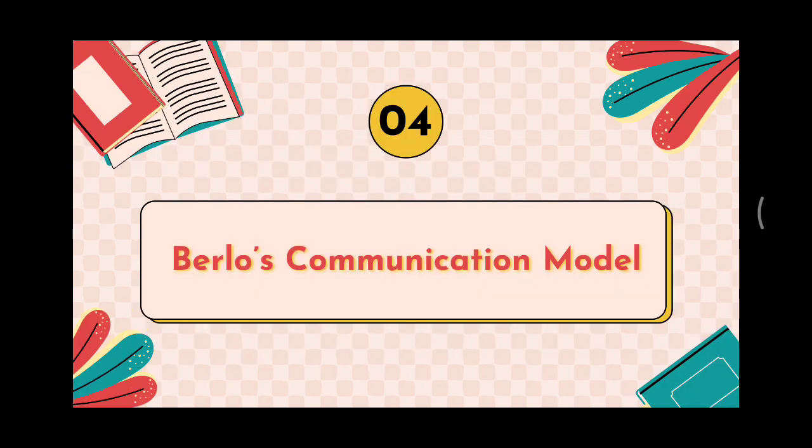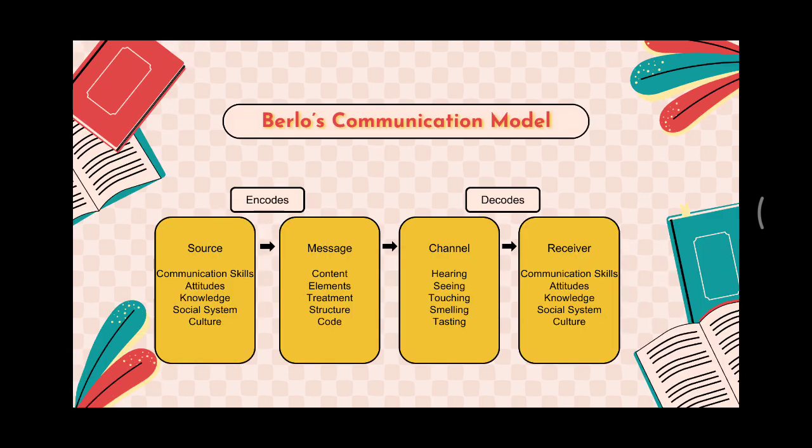Lastly, it's Berlo's model of communication. It involves four elements: the source, message, channel, and receiver. It's almost similar to the other models, only that in the channel it was elaborated that the channel uses our senses.